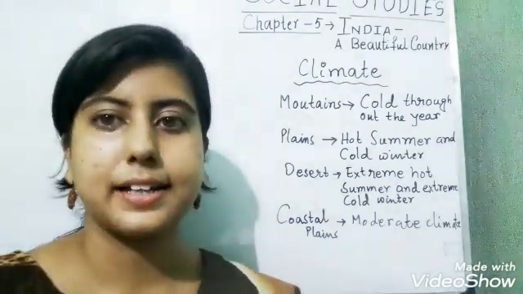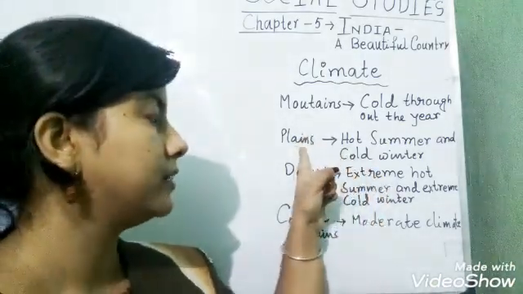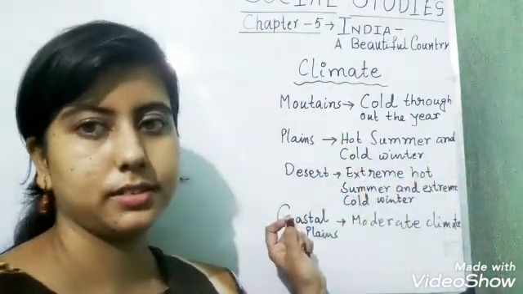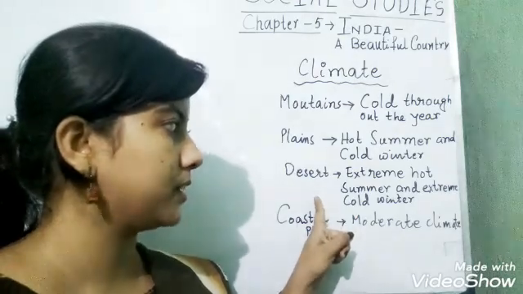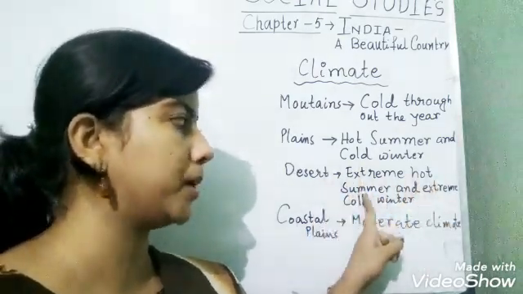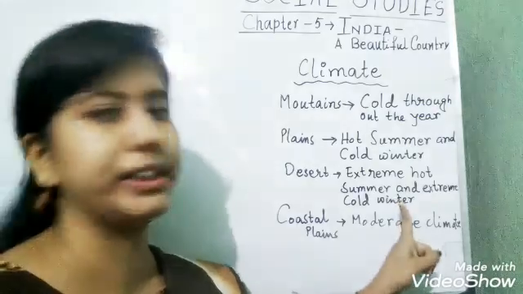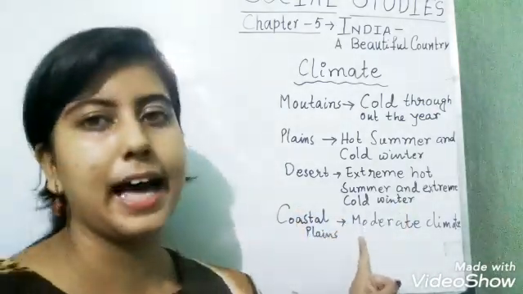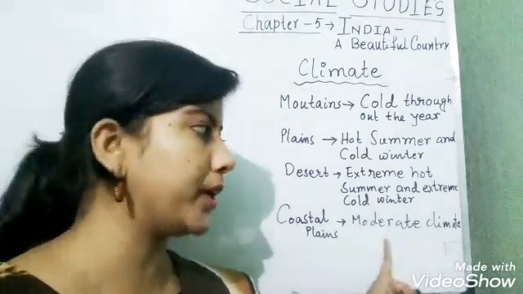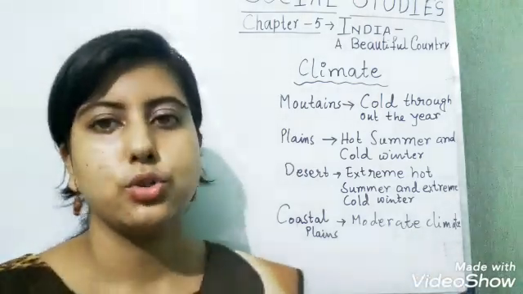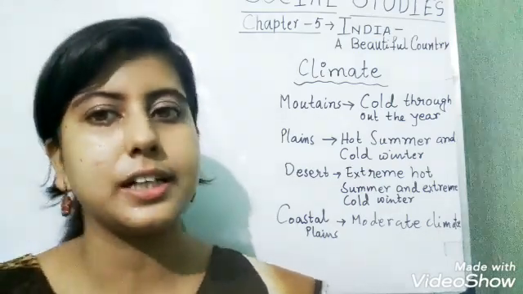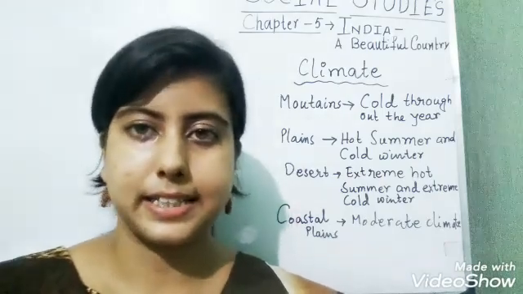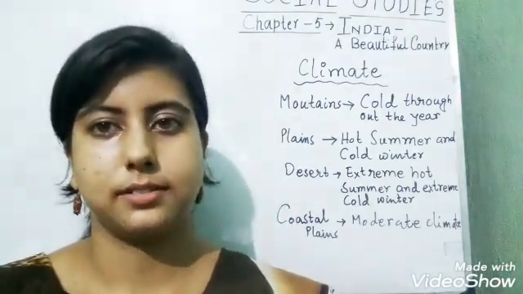But where there are plains, the weather is hot in summer and cold in winter. In deserts, it is extremely hot in summer and extremely cold in winter. And in the coastal plains, we can experience a moderate climate. So, these were the different kinds of climates that we can find in our country.